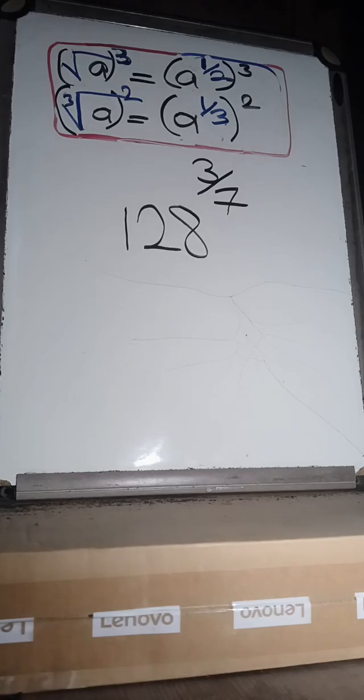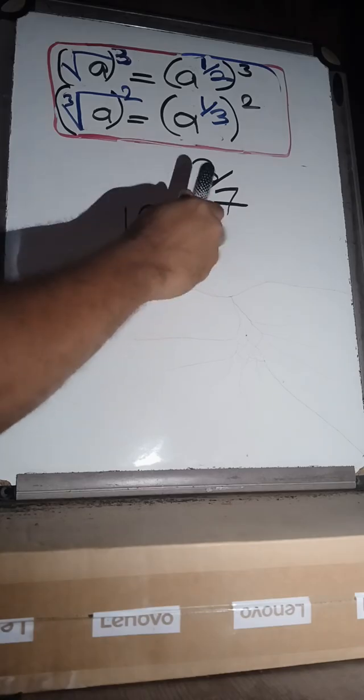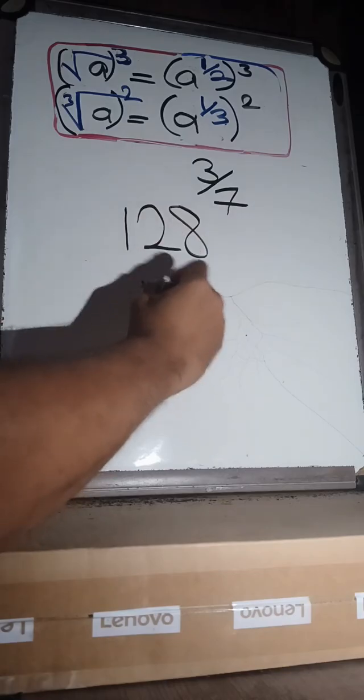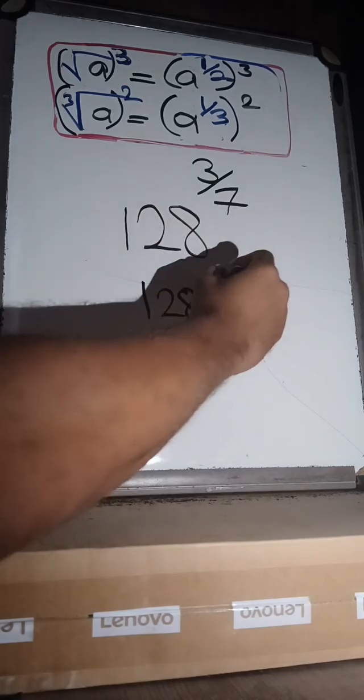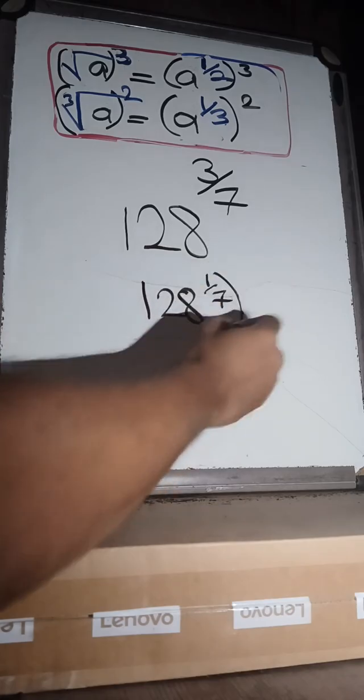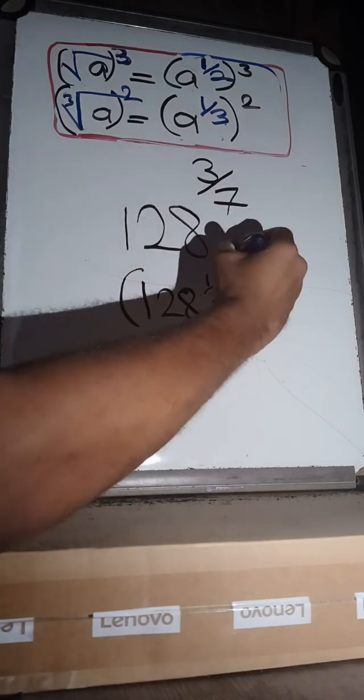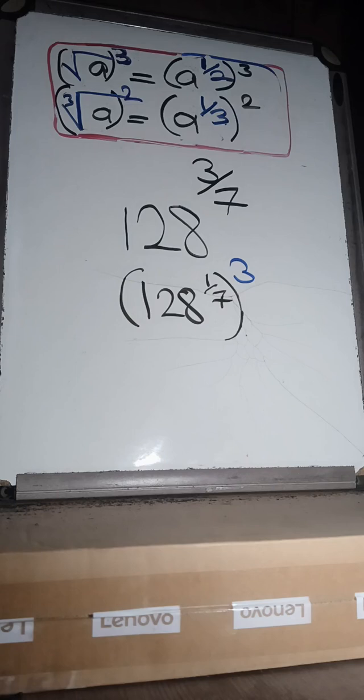Now, mind you, this is not so difficult, because if we look at it like this, what is really happening is you will have 128 raised to the 1/7 with the number 3 on the outside.